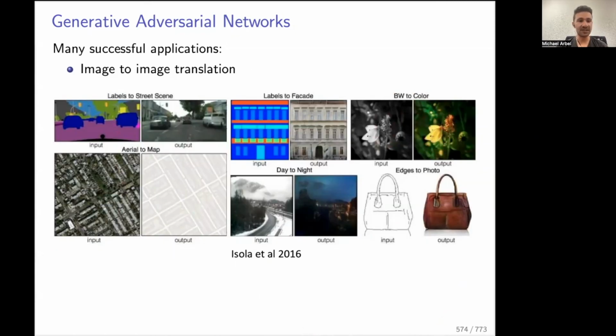Another application is image-to-image translation, where, for instance, you'd be given a segmentation map that you would like to use as input and produce a realistic scenario that corresponds to such segmentation. A second application is where you are given images from a satellite and you would like to transform them into a map where it's easier to recognize the streets, for instance.